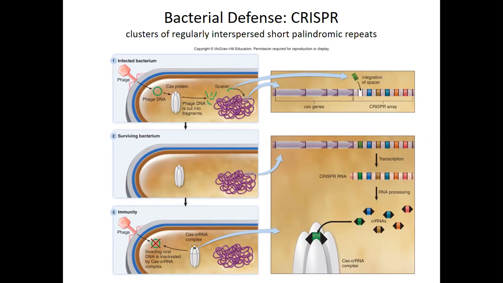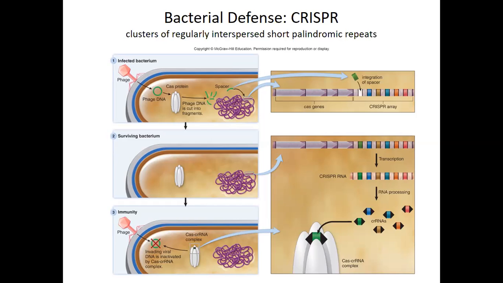And so you basically make these little CRISPR RNA components that are related to previous infections. They get Cas protein complex, and then you're able to move around and scan and say, is this viral? Or is this host? So it's basically like a little identification for viral infections. So it's kind of cool because it actually indicates a past infection history. So it's kind of a very primitive form of immunologic memory.